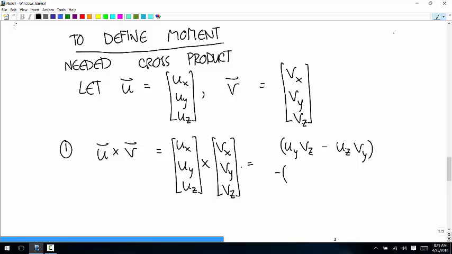Cross out the y components, and you get ux times vz minus uz times vx. And then for the z component, cross out the bottom row, and you have the quantity ux times vy minus uy times vx.